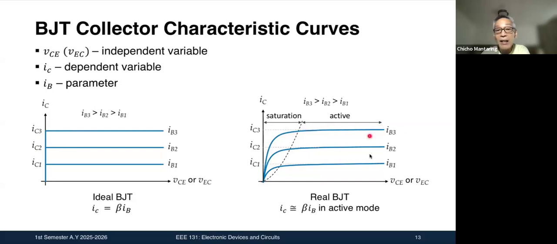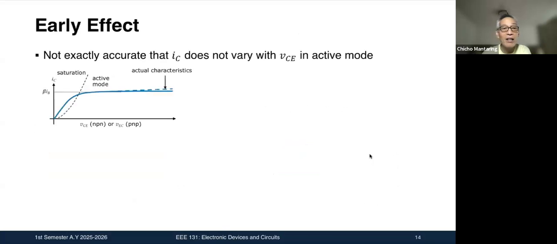This part of the active mode, in truth, is not really flat. It is not exactly accurate that IC does not vary with VCE in active mode. Here we're supposed to be in active mode.